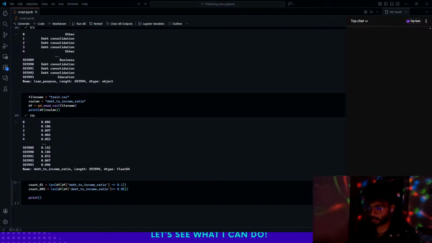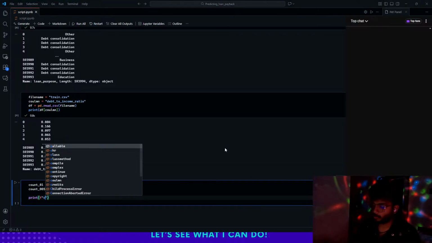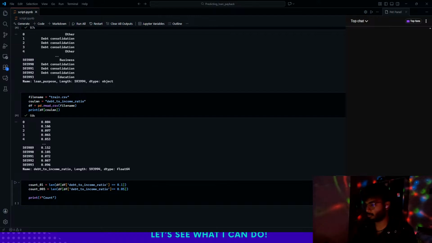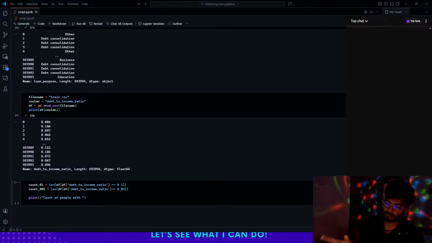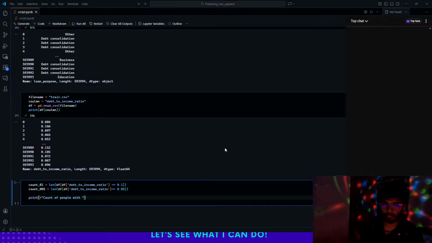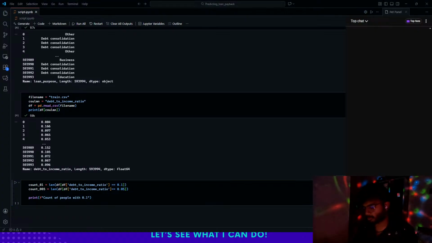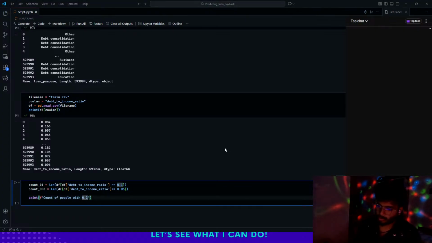Let's print this whole data and count of people. So basically, I want to count the people with I would say more than, let's not complicate things, 0.1. Just count underscore 01.